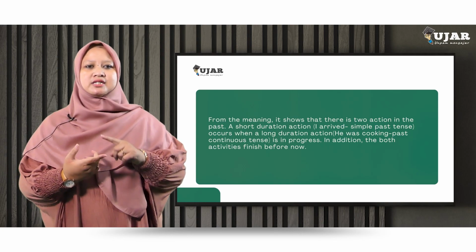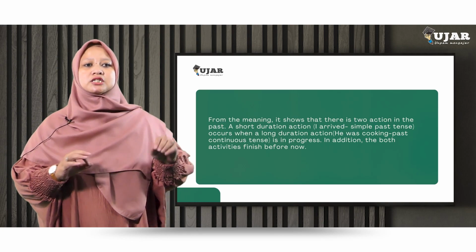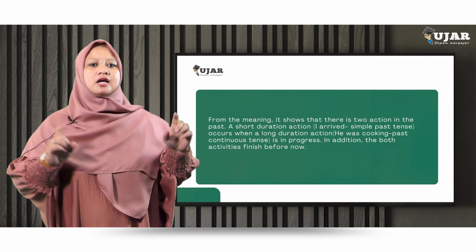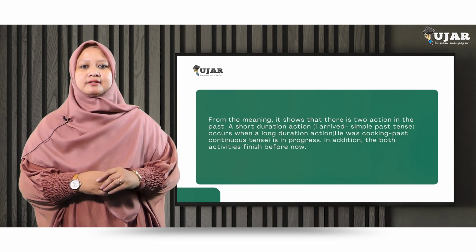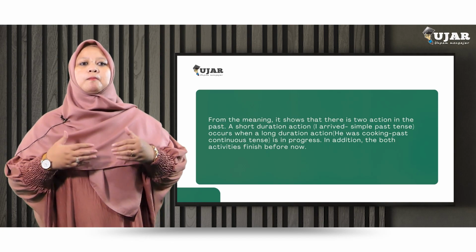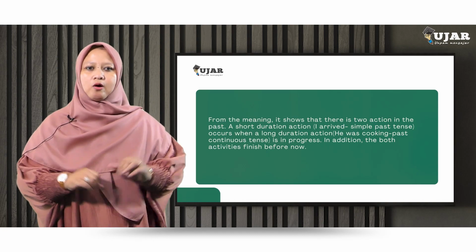A short duration action, I arrived, in simple past tense, occurs when a long duration action, he was cooking, past continuous tense, is in progress. In addition, both activities finish before now.